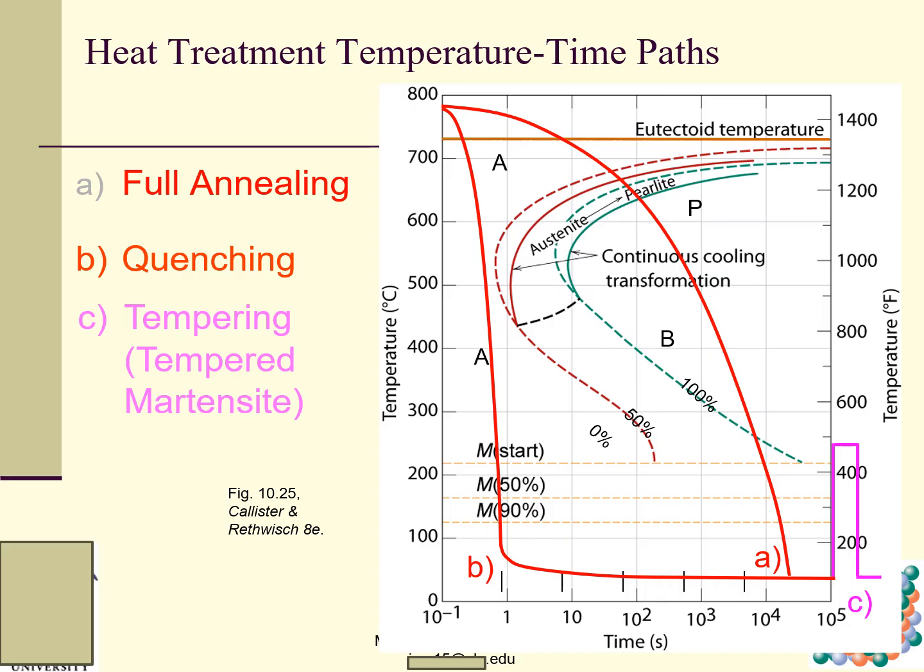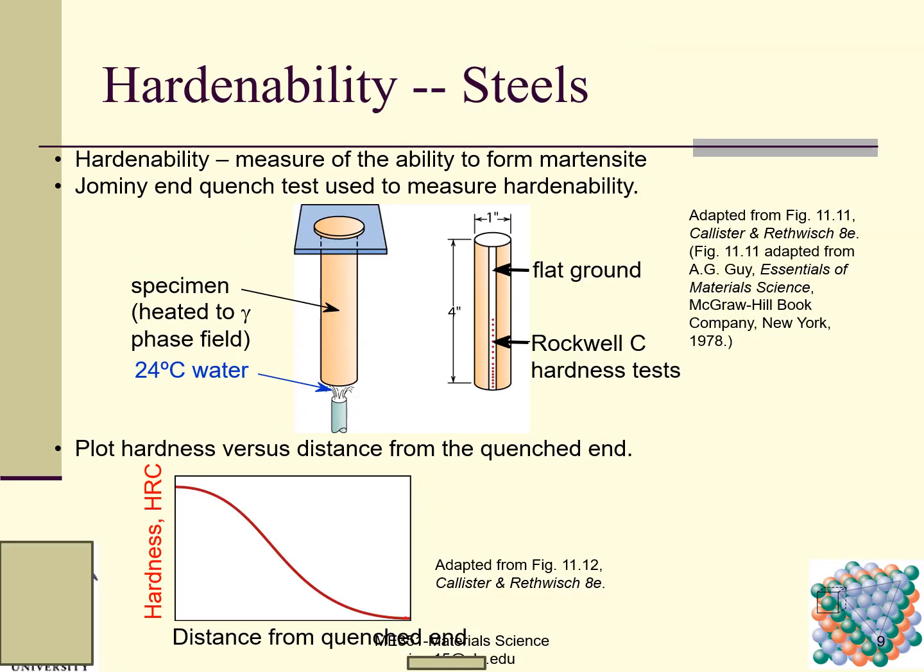We call it tempering, which means tempering the martensite. You can see it goes this way, we elevate the temperature, hold for some time, and then cool down, and we get tempered martensite. Tempered martensite can be used directly in engineering applications.